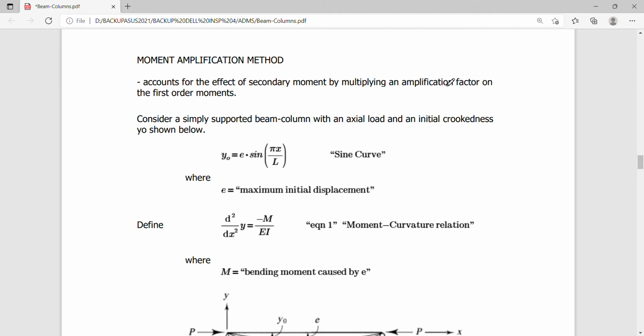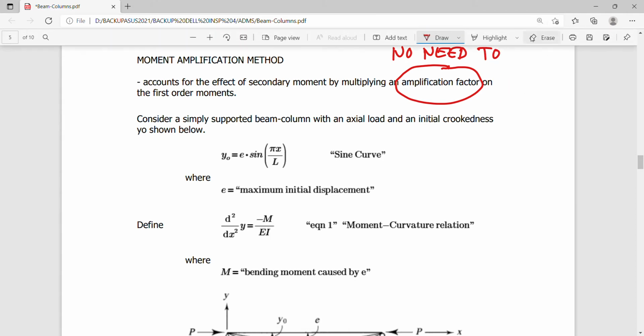So simply by using this amplification factor, there is no need to conduct a second order procedure or analysis.